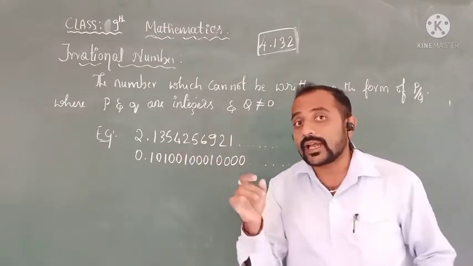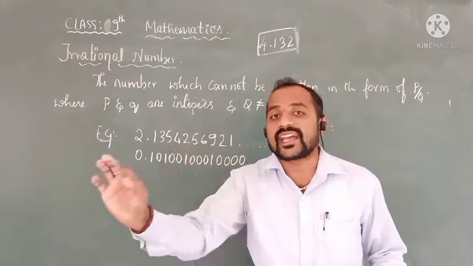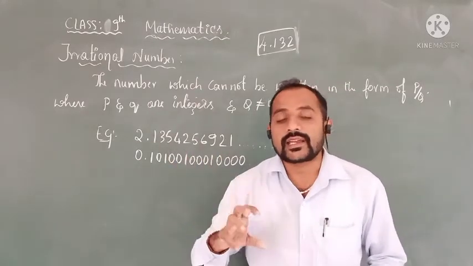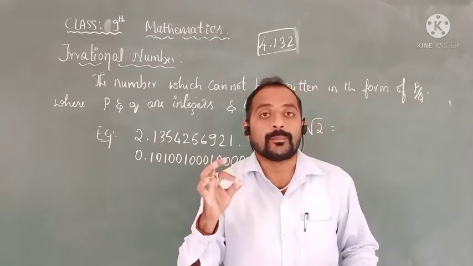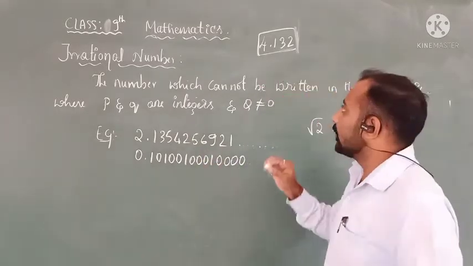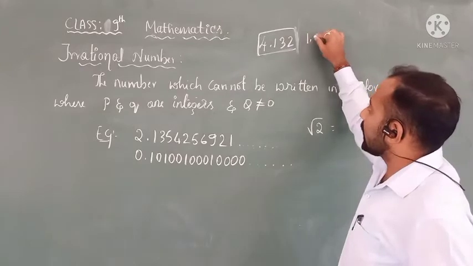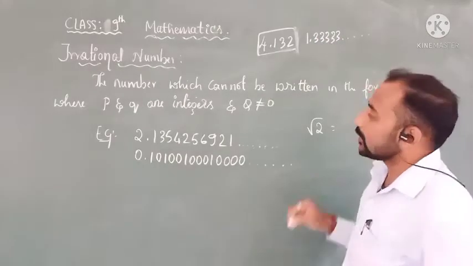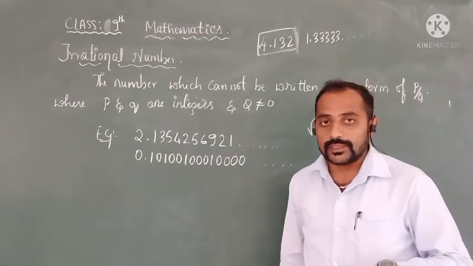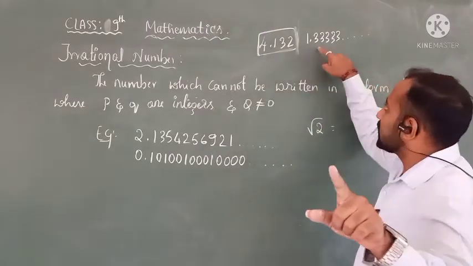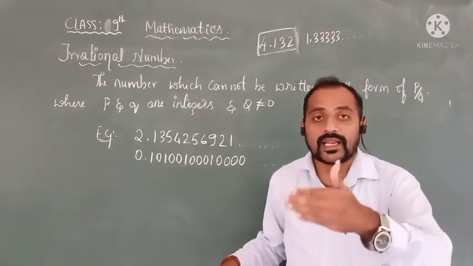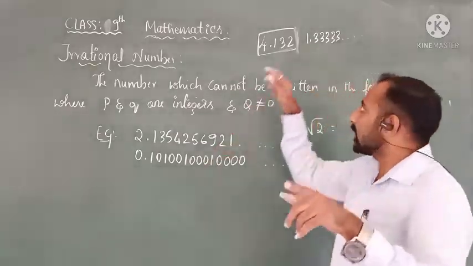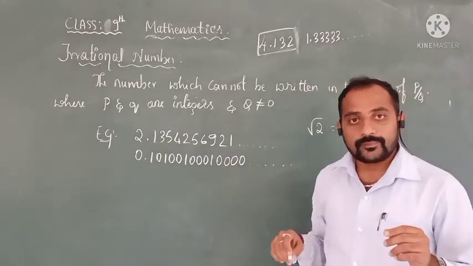The second one I said is non-recurring. What does recurring mean? Recurring means repeating. For example, 1.3333 which goes on. You know this type of number, right? What is happening here? The 3 is recurring, meaning repeating.